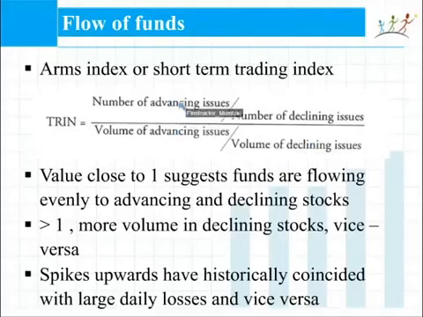So if DLF goes up or 10 stocks go up, this number will be 10. 10 stocks go down, this number will again be 10. Volume means how many exact number of shares of each of those stocks went up. So let's say 10 million advances happened and 3 million decline happens. So if the value is close to 1, then it suggests that funds are flowing evenly to advancing and declining stocks.